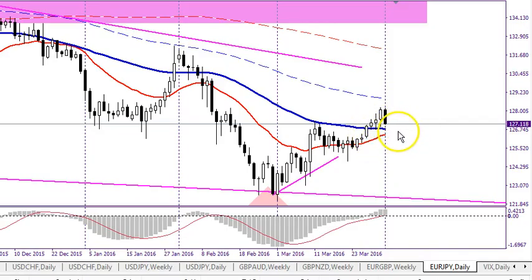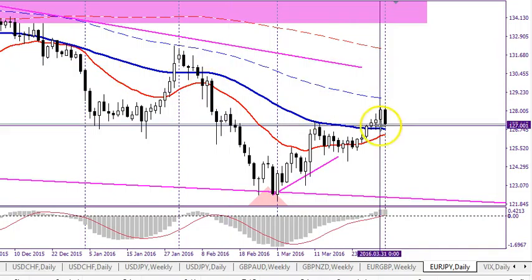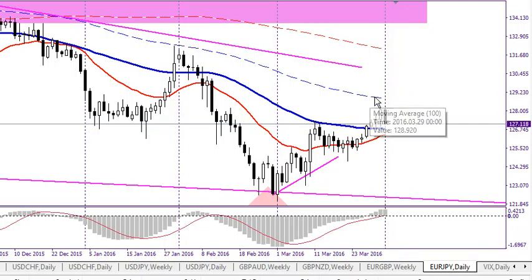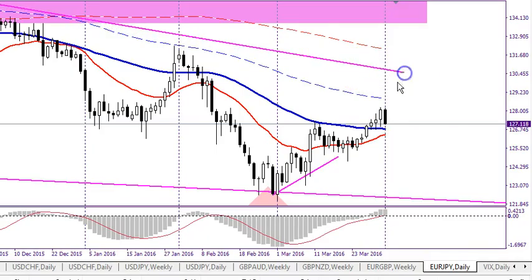So finding one good bullish candle to the upside and then getting in, taking a buy trade to the upside. You may have about 170 pips to the upside when it meets the 100 moving average. Price may also go much higher to at least this trend line right here. I'll just draw that down. So it looks like this pair has got lots of room to go as well.